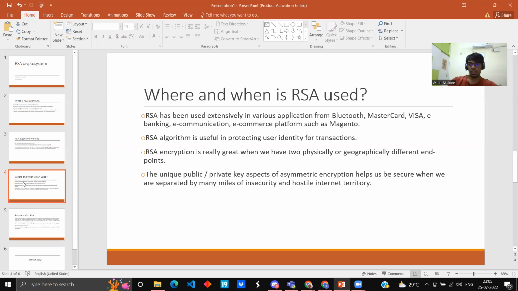I don't know what kind of attacks my data can go through when it's going from Chennai to New York. So I have no idea about the hostility of the territory and how adverse it can be. In such a case, I can use this form of encryption to send my data across.